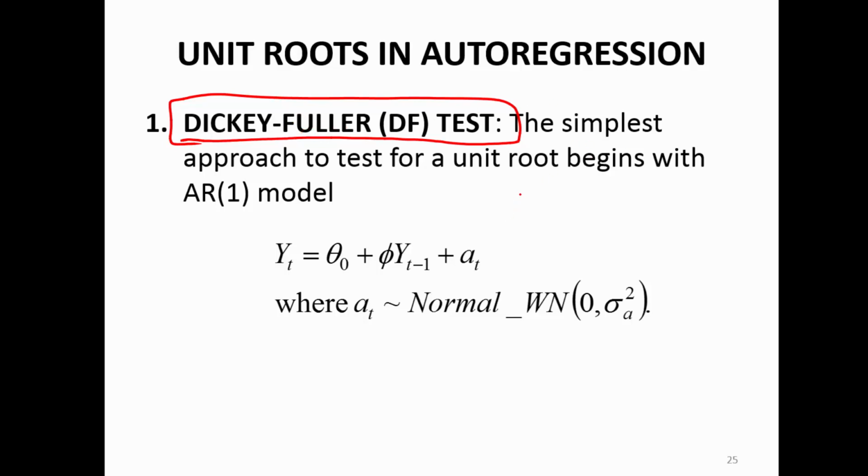The simplest approach is to have an AR1 series, yt equal to theta plus phi yt minus 1 plus error, and we would like to know if phi is 1 or not. Now this is an AR1 series, and we expect phi to be less than 1. If it is equal to 1, then that's a problem, that's a random walk series.